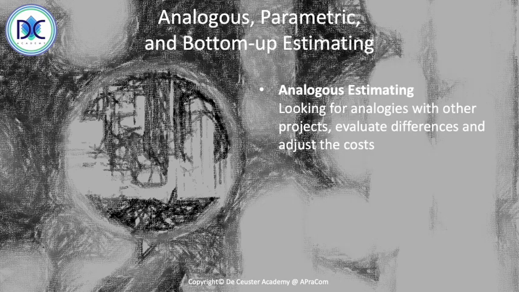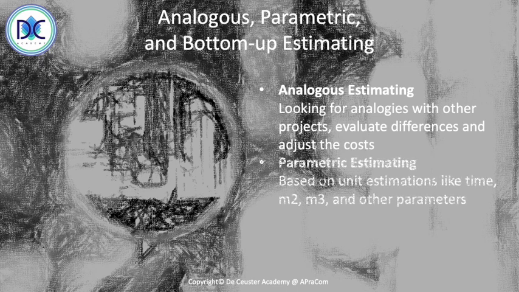The first point is analogous estimating. Here we are looking for analogies with other projects. We evaluate the differences and adjust the cost. We must also look into the interest rates, the inflation and parameters like that to get a proper estimation. But we already have previous projects which give us a lot of information. We can also look at the parametric estimation.